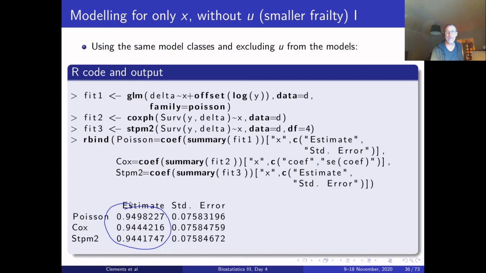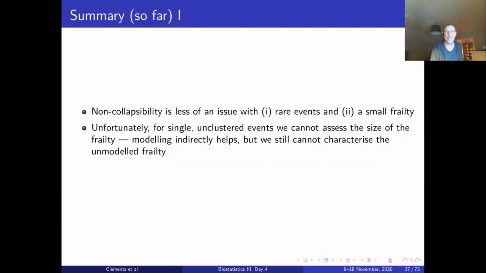So with a small random effect or rare outcomes, the Cox model can give a causal estimator. So non-collapsibility is less of an issue for rare events and for a small frailty variance. Unfortunately, for small unclustered events, we cannot assess the size of the frailty.